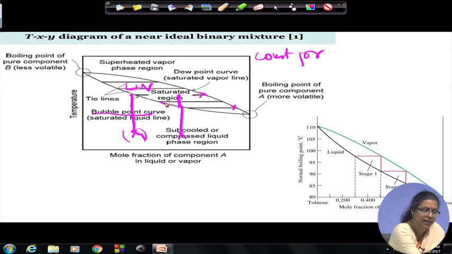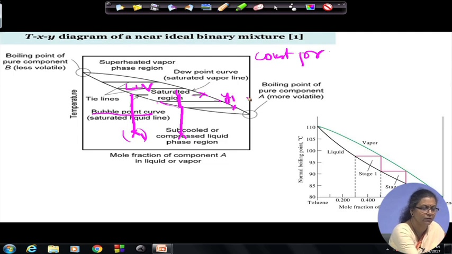And when we are inside this liquid vapor region, what do we find? The horizontal line which crosses the required composition and connects the bubble point and the dew point curve. These two extremes give us the composition of the liquid phase and the vapor phase in equilibrium.